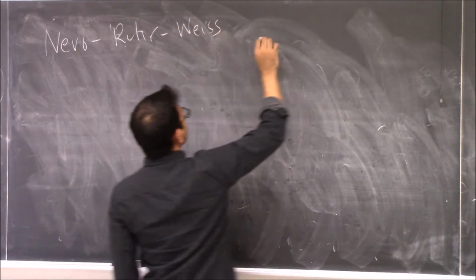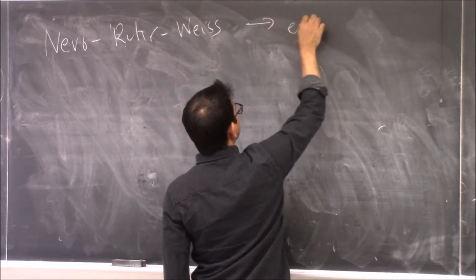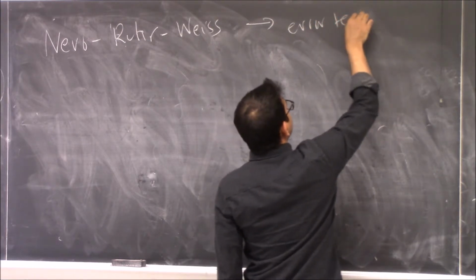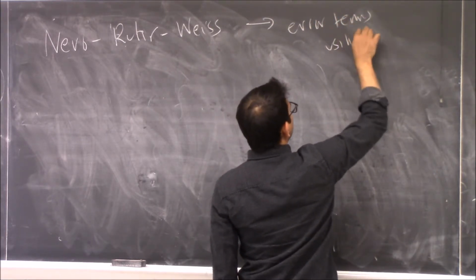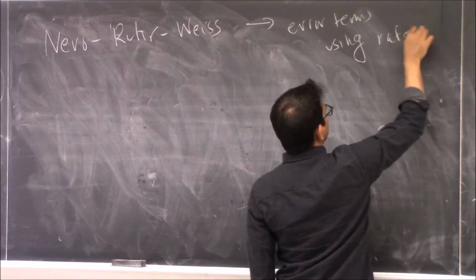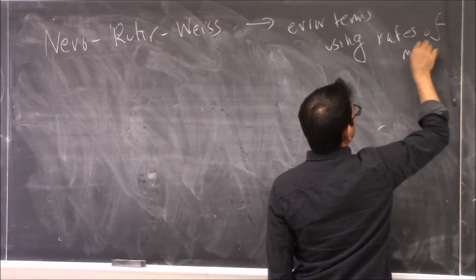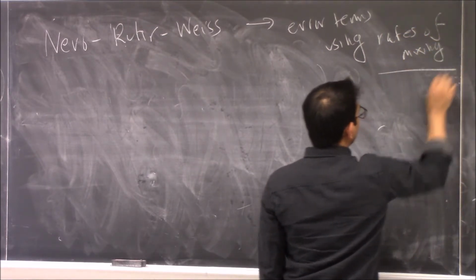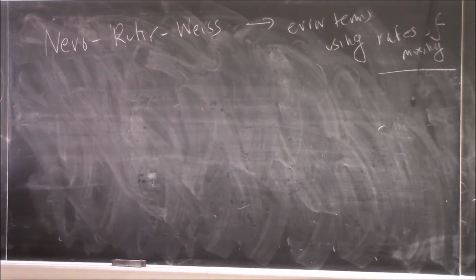They are using rates of mixing of the Teichmuller geodesic flow. It's actually a really beautiful but very technical argument. What we're hoping for is that if we can compute this, we'll get a kind of easy argument.